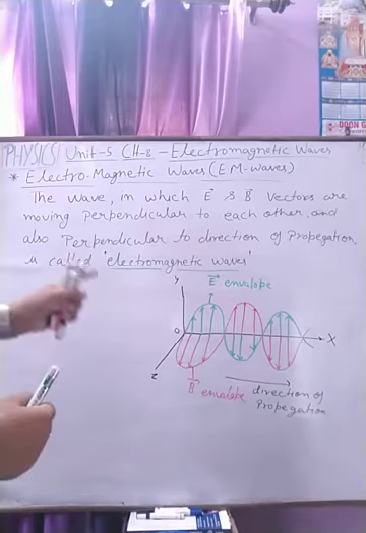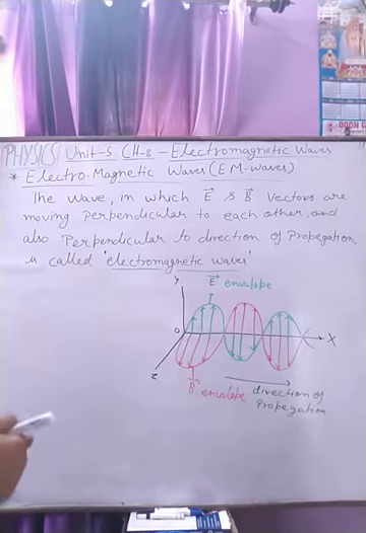Green one is the electric field envelope and red one is the magnetic field envelope.